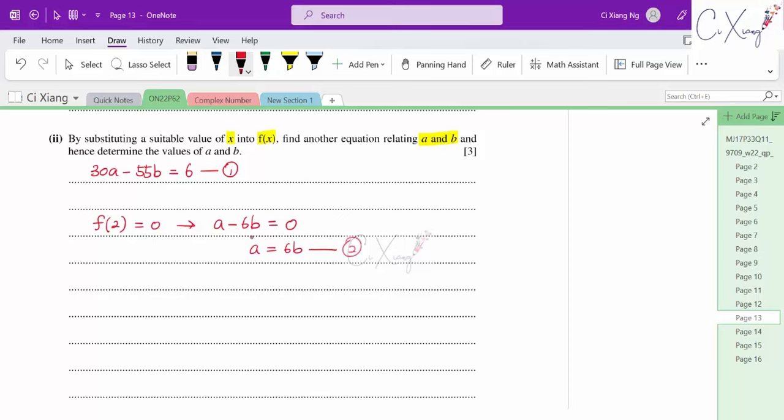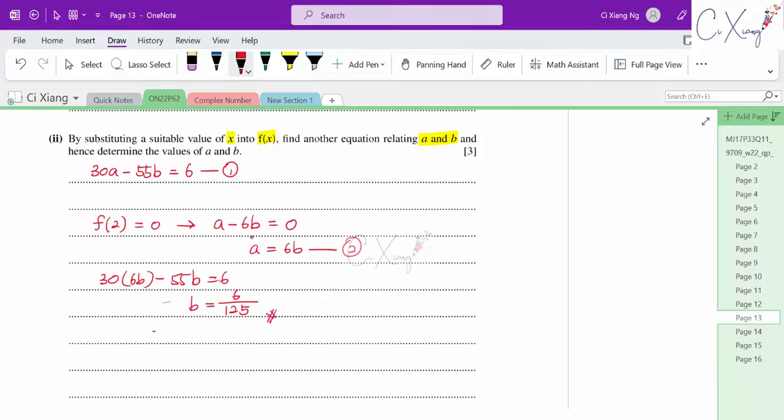Again, to find out a and b, you just need to solve these two equations simultaneously. So I'm having 36b minus 55b equals to 6. Simplify this equation, I'll have the value of b, which is 6 over 125. Okay, so this is my answer for b.